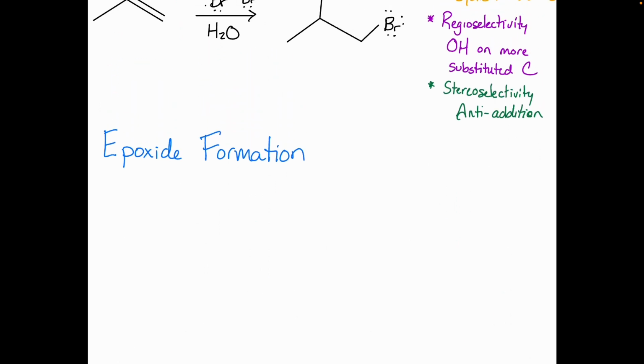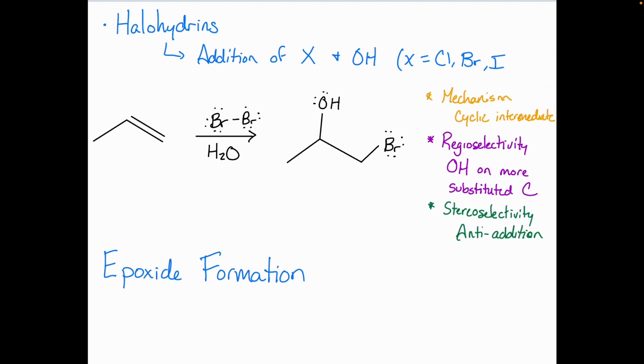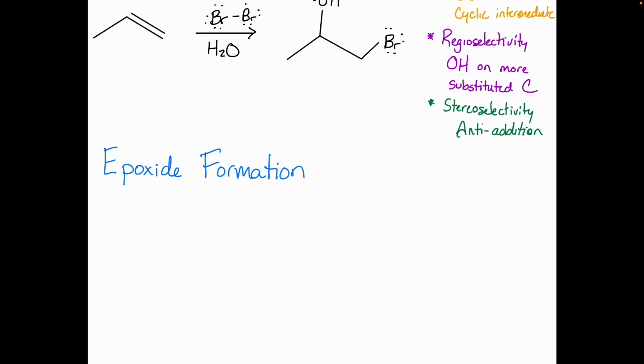Epoxides, you may have heard of, they're commonly used ingredients in very strong industrial strength glues. They always have these two chambers that you mix together, and that activates the glue. So the epoxide itself is this very odd structure. It's something that we don't really see too much.